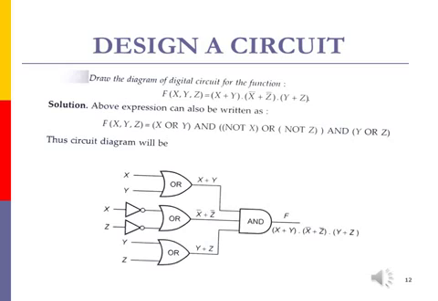Similarly, for x bar plus z bar, x will be inverted and z will be inverted. Those inverted inputs are given to an OR gate, which produces the output x bar plus z bar. At last we combine all the results with the help of an AND gate, which will produce your given function as an output.